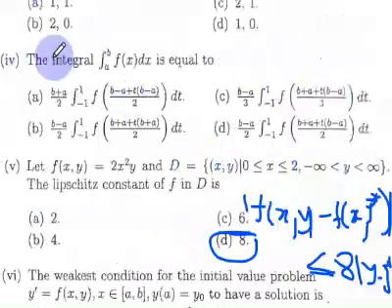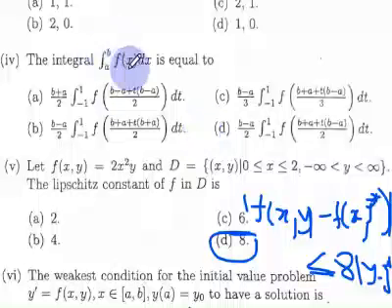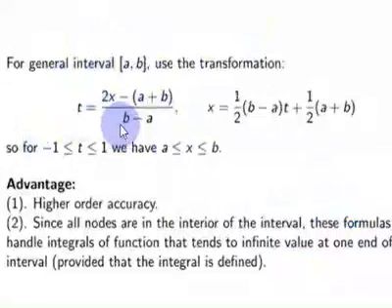So if you look at this one, this integral defined on this interval, the interval from a to b, so this one is equal to what? Look at the terminals here. These terminals are converted to -1 and +1. So you have to introduce a transformation. What is the transformation? We have learned this in the class. This is the transformation.